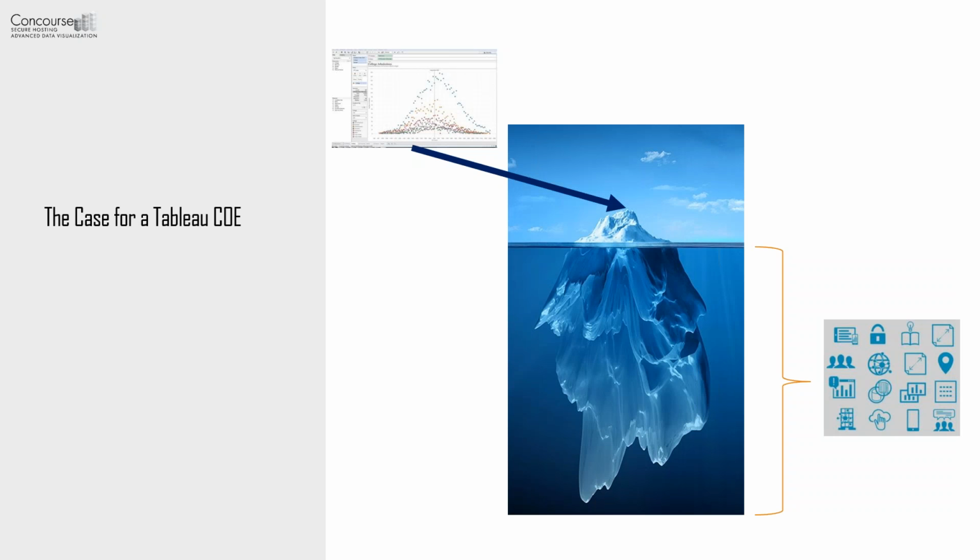These next couple slides I'm going to go through rather quickly because I want to spend most of the time taking a look at what we have put together so far, what we have in development for our Center of Enablement. But I want to take a couple more moments on making a case for one. So, you've built a workbook, and that's important. That's good stuff. But it's only the tip of the iceberg.